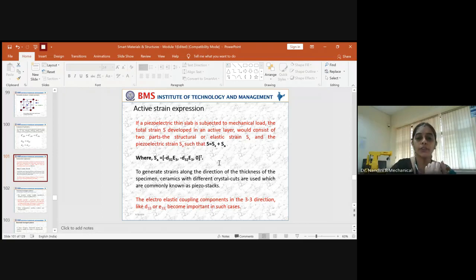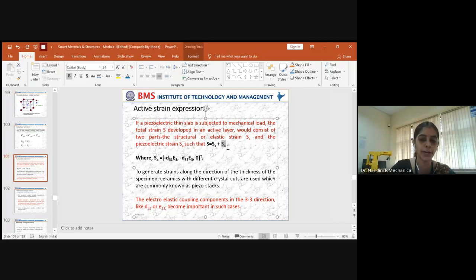So the total strain induced will be the combination of the elastic strain, or the structural strain as it is called, plus the piezoelectric strain, or we also call this the actuator strain. If you use a piezoelectric element as an actuator or an active element, then this is the strain which has been induced. So from here on, you have to keep in mind it is a combination of both.